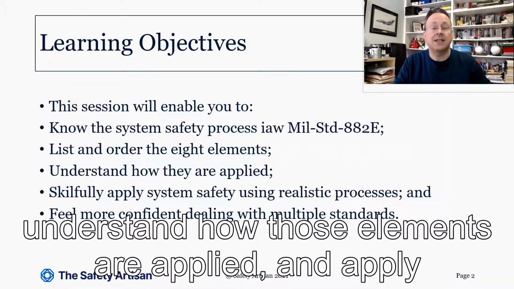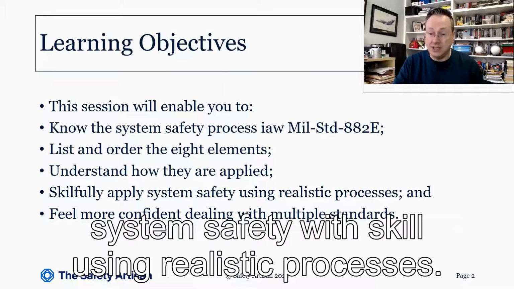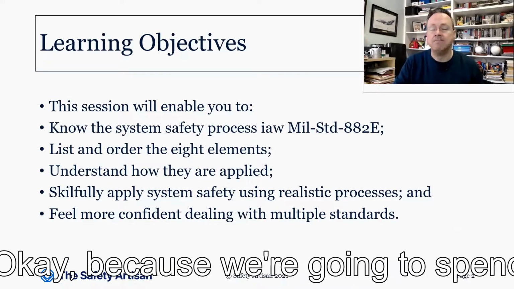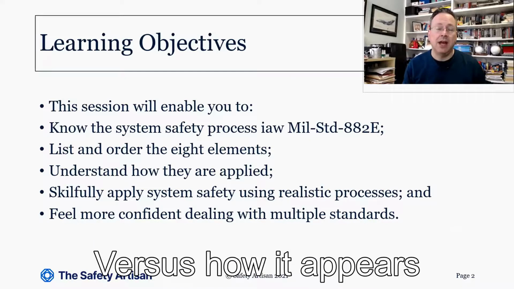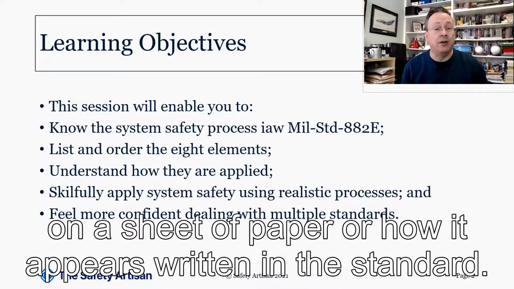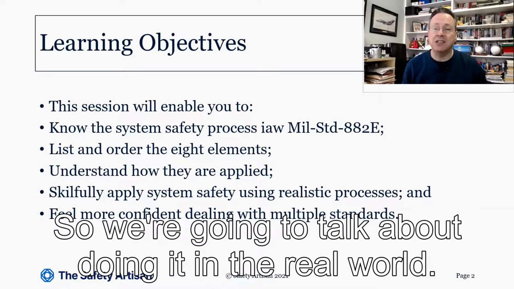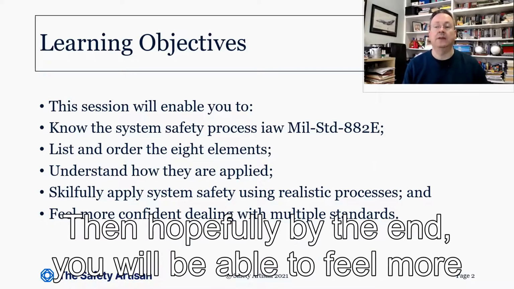You will understand how those 8 elements are applied, and you will be able to apply system safety with some skill using realistic processes. Because we're going to spend quite a bit of time talking about how it's actually done versus how it appears on a sheet of paper or written in a standard. So we're going to talk about doing it in the real world.